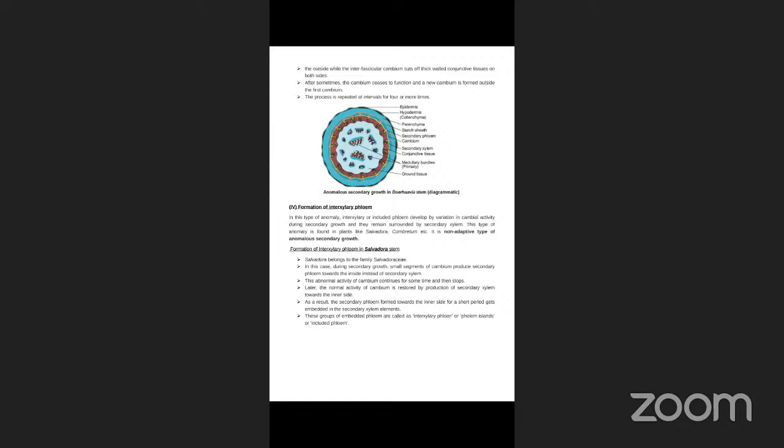Some of these vascular bundles are collateral and conjoint. Different types of vascular bundles were already discussed in the last class. Some are open type, some are collateral type. But here the vascular bundles are collateral type.